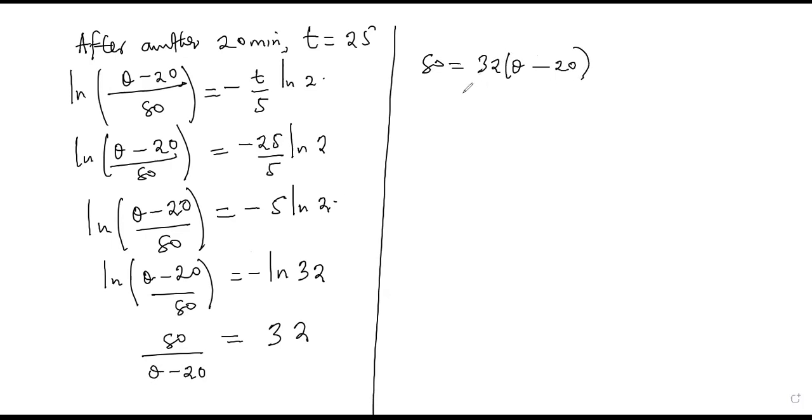Here you can get the value of theta directly. So we shall have 80 is equal to 32 theta minus 32 times 20. Is it 640?